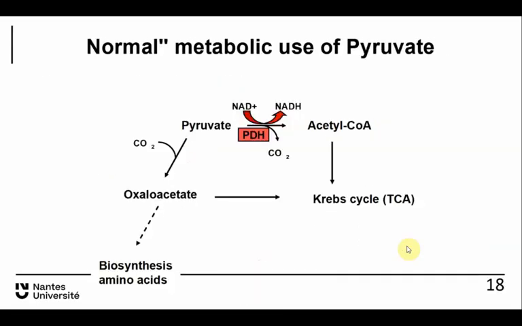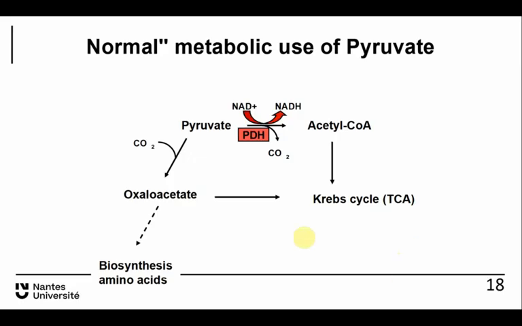Now, the last 2 types of fermentation are going to be a bit more complicated. And in order to understand them, I think you need to have an idea of what pyruvate can also be used for in bacterial metabolism.